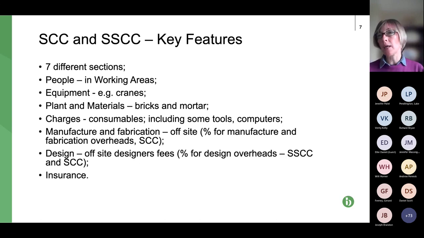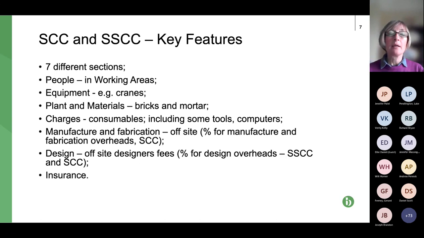Consumables includes your fuel supplies, some small tools, the contents pretty much of your site cabins, things like that. So what would typically be relatively small costs on a project. Then we've got manufacture and fabrication. Now that's off-site manufacture and fabrication.